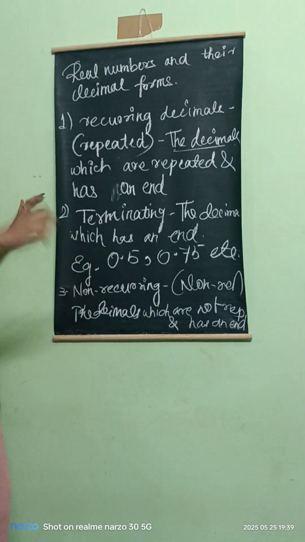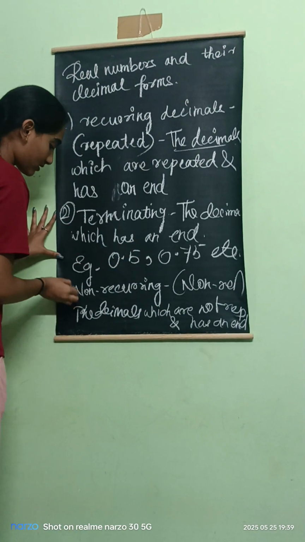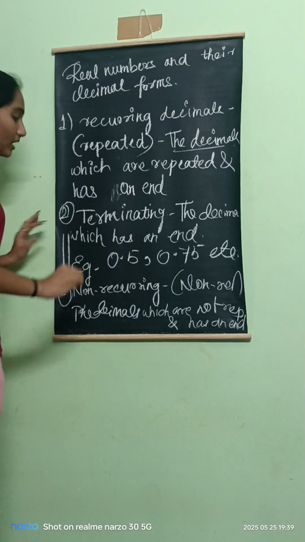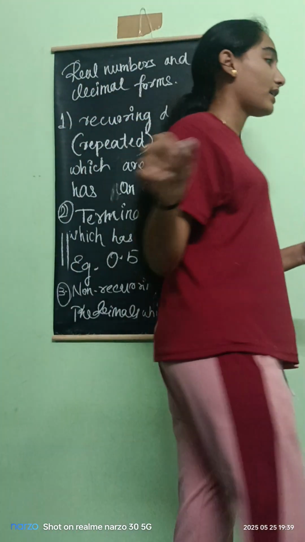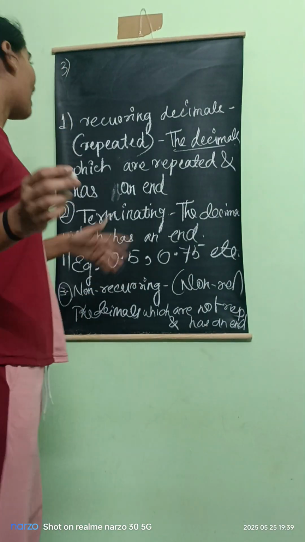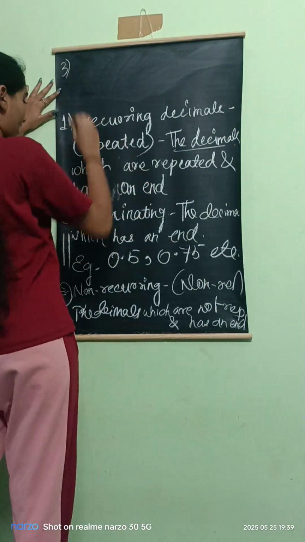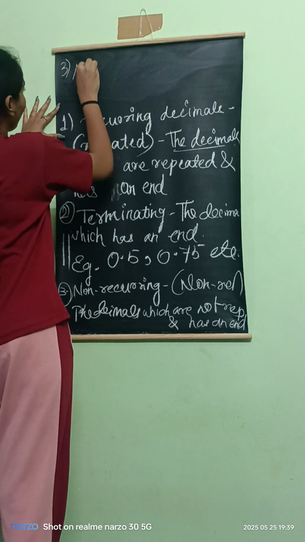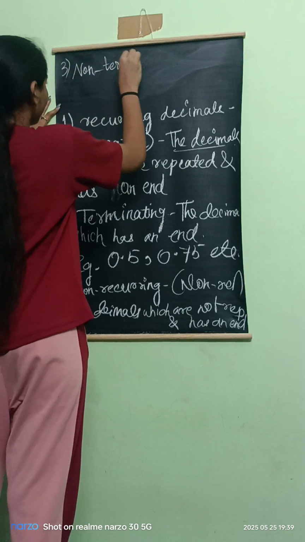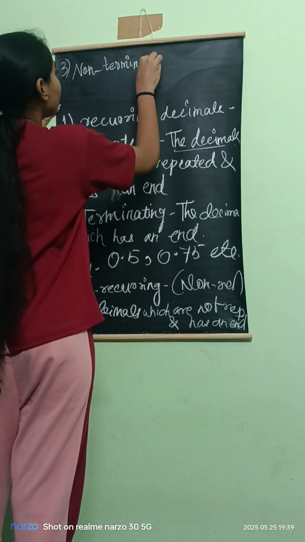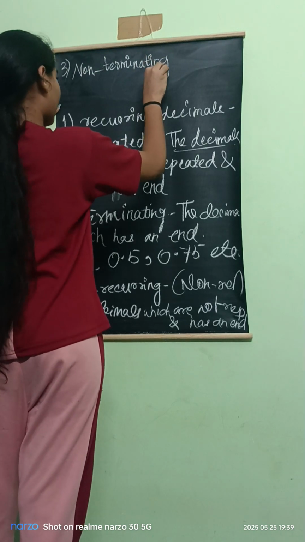So here we could say that the second term and the third term are equal. Yeah, next let's find the next term. Our next term will be non-terminating.